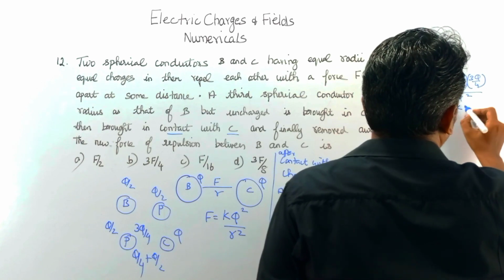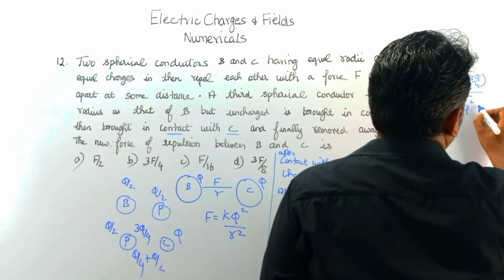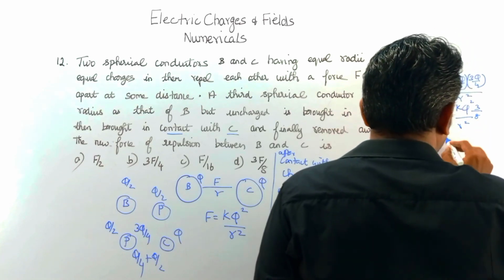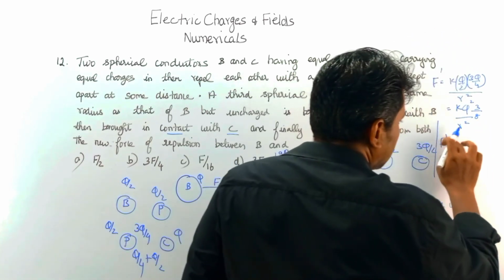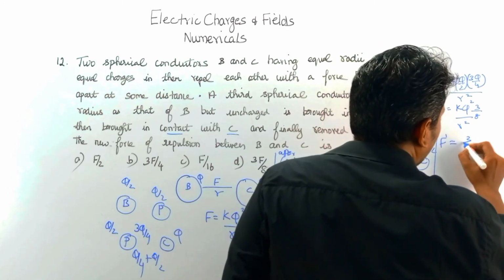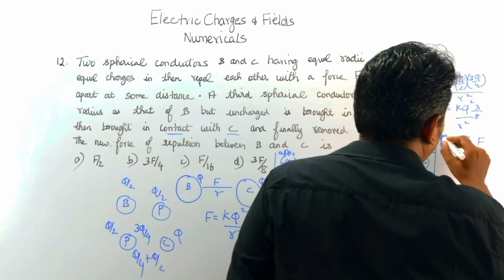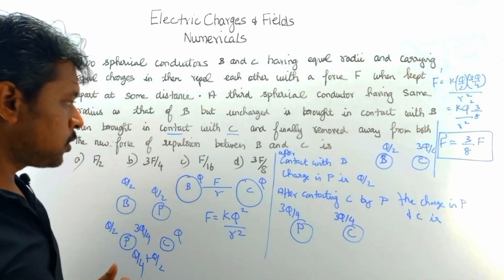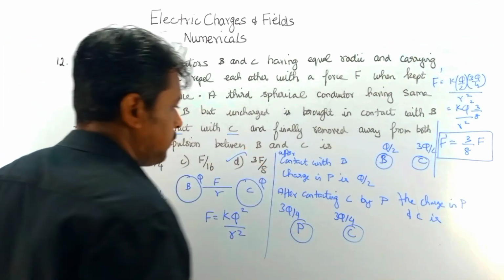So here it is K Q square 3 by 8 by R square. So from this we see that F dash becomes equal to 3 by 8 of F. Okay, so the new force now is 3 by 8 of F.